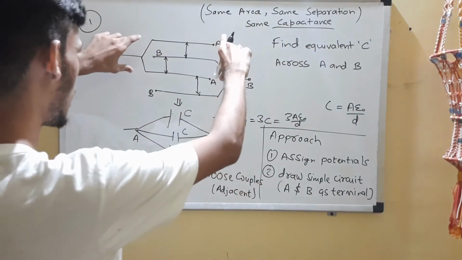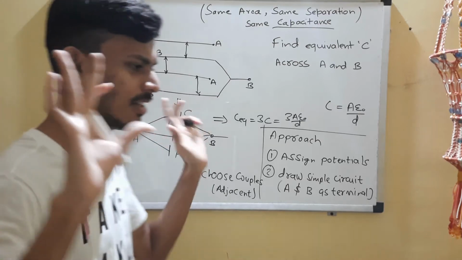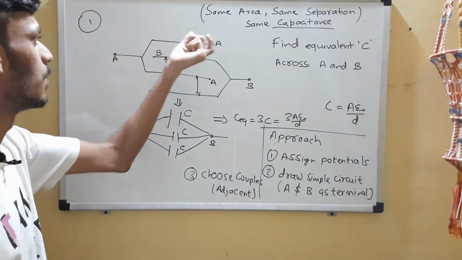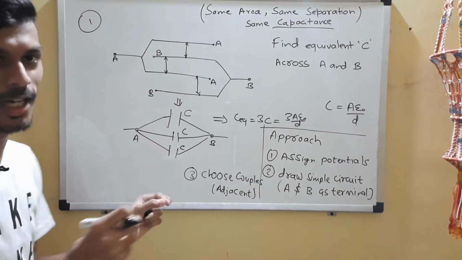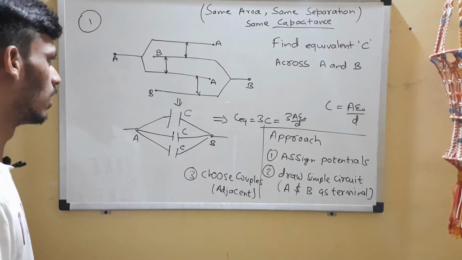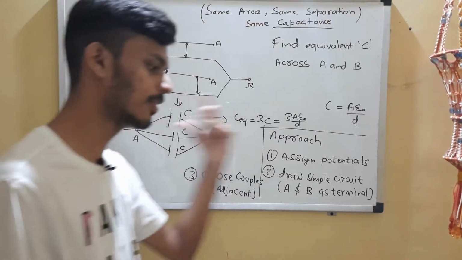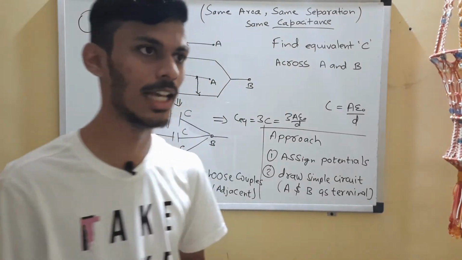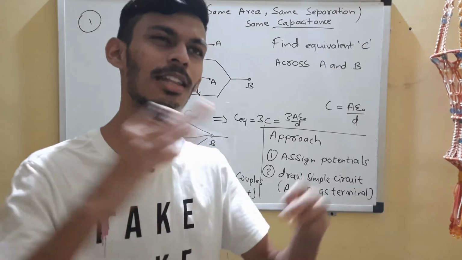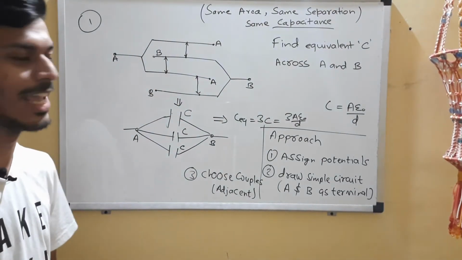If you can see, these two plates are connected to terminal A. We said let the potential of this point be A, so these two plates will have the same potential, and that will be A. Now these two plates are joined to terminal B. We said the potential over there is B, so these two plates will have the same potential B. You can assign any letter of your choice. It's not always restricted to A and B.